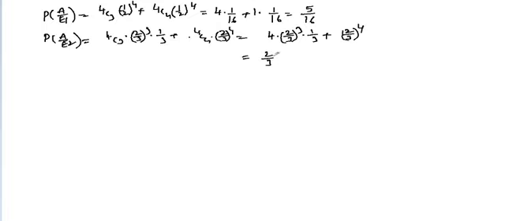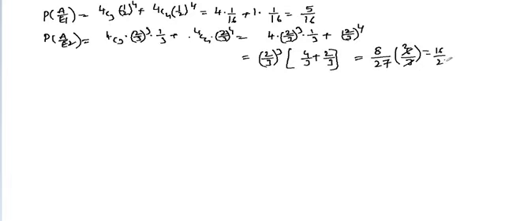Take (2 by 3) whole cube common, that is 4 by 3 plus 2 by 3. So 2 by 3 whole cube is 8 by 27, times 6 by 3, the 3 cancels, that is equal to 16 by 27. This is the probability of A by E2, 16 by 27.